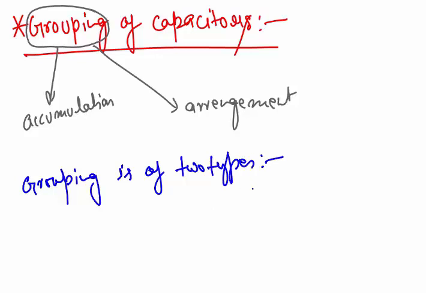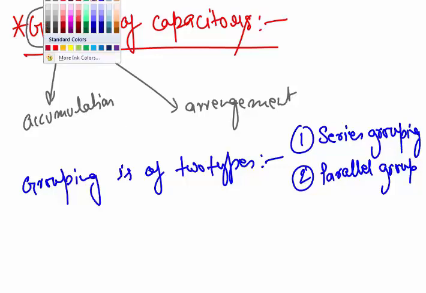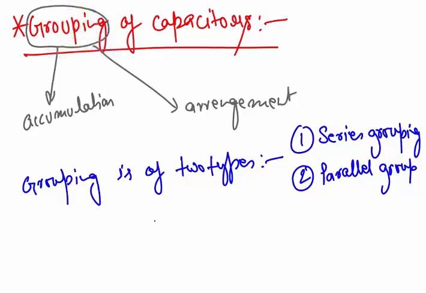First one is series grouping and second is parallel grouping. Basically they are of two types only, but if we want, we can say that there is a third type also, that is mixed grouping.